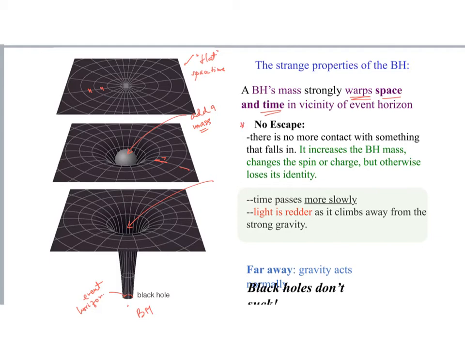Another very interesting thing is that there is actually no escape. Once you're inside the event horizon, there is no more contact with anything that falls in. Yes, it's going to add to the mass of the black hole. It's probably going to change its spin or charge, but otherwise it loses its identity.